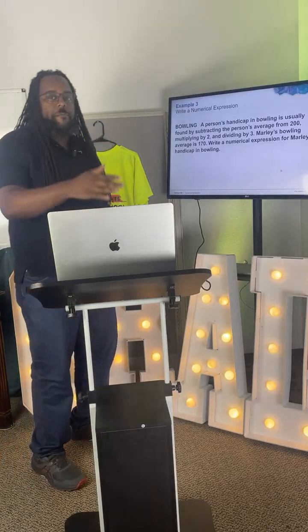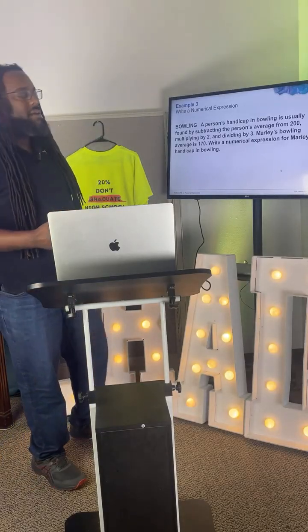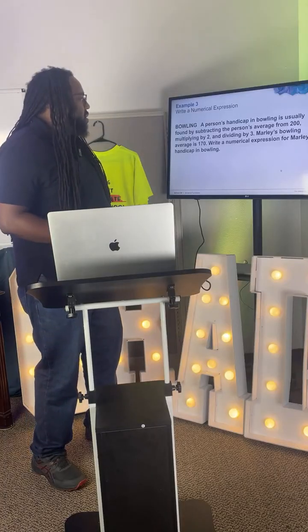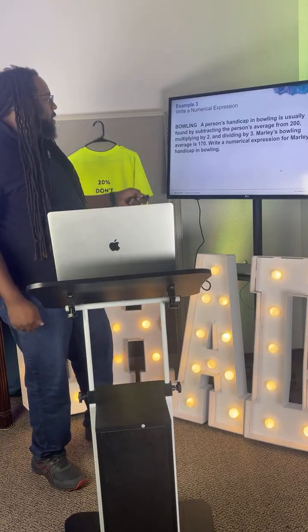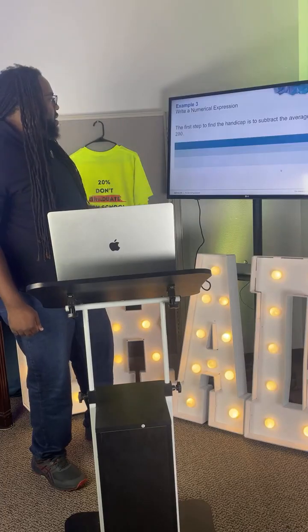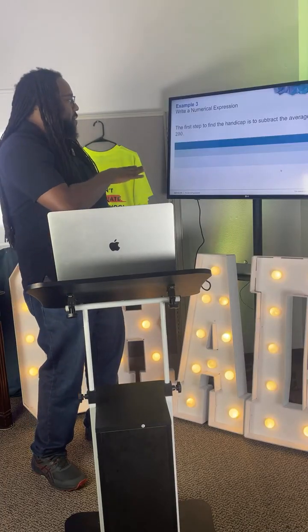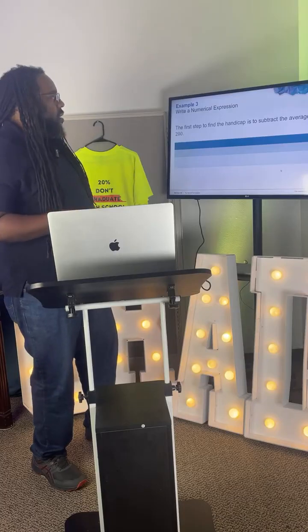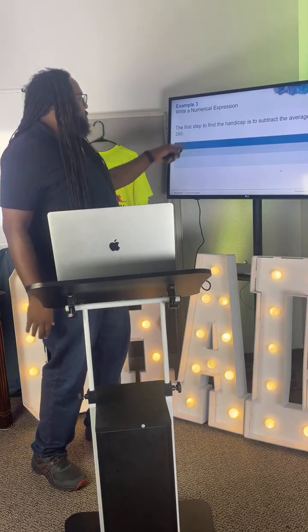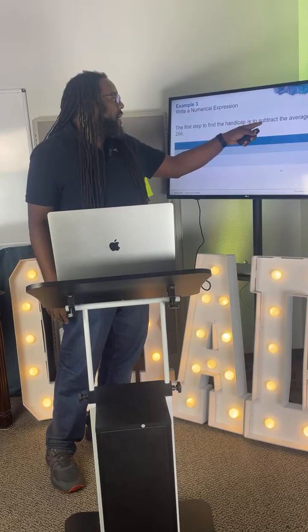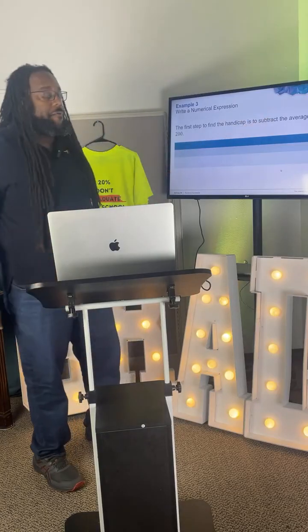Take your time, push pause, write it out. Then we will continue. So what was the first step to finding that handicap? We know it to be subtracting the average from 200.